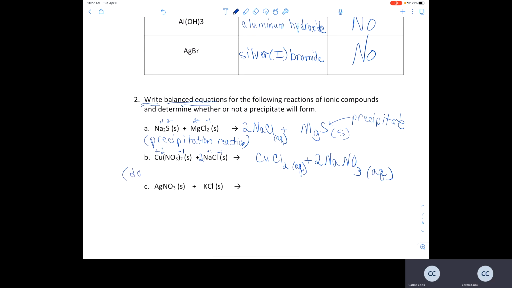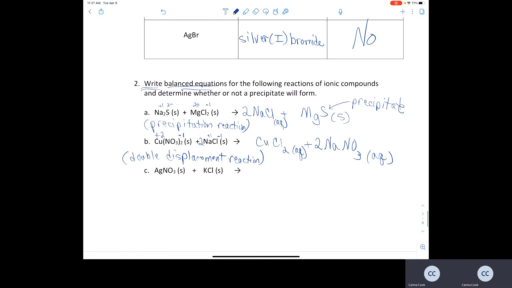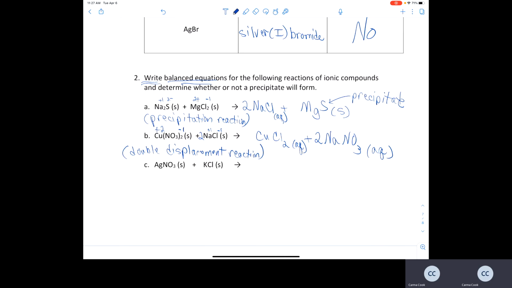This is just simply a double displacement. It's not a special class of double displacement called a precipitation reaction because neither of the products are solids.